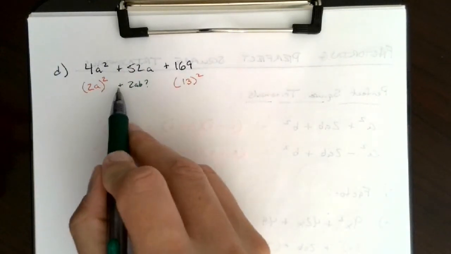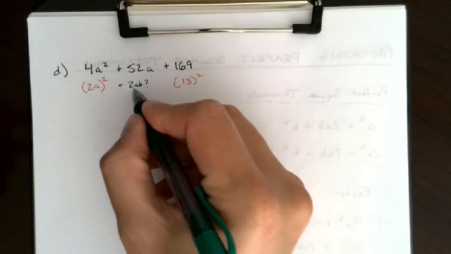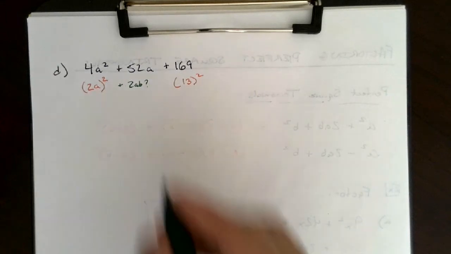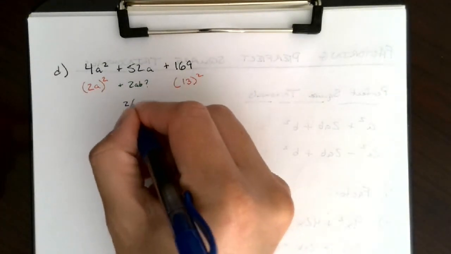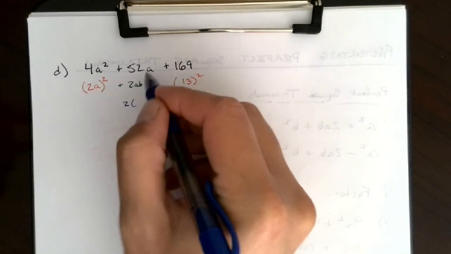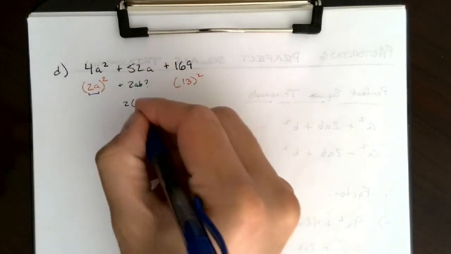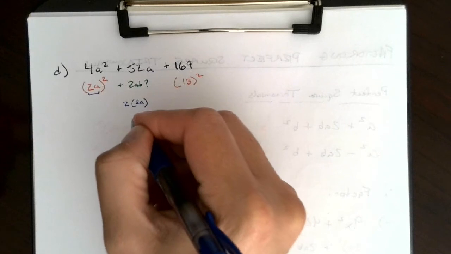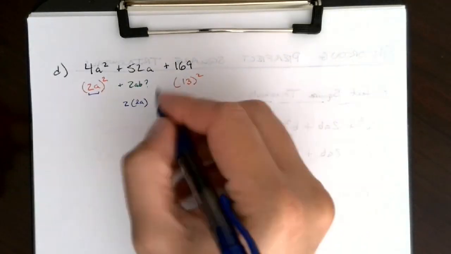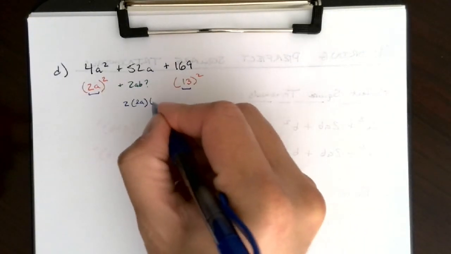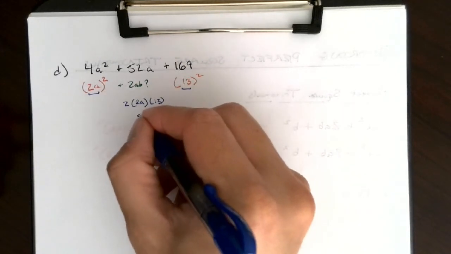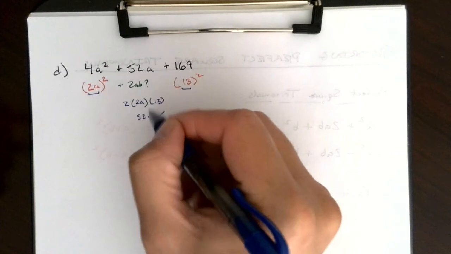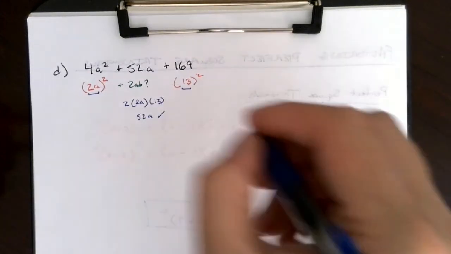So there's a plus sign, this is plus. 2ab, so 2 is the coefficient, so we have 2 times, well, what's a in this case? Don't get this confused with this a, it's really that part, so it's 2 times 2a times b, which is this part here, so times 13. So 2 times 2a is 4a times 13, that does come out to 52a, so it checks out, it matches up. If it didn't match up, you wouldn't be able to use the formula.